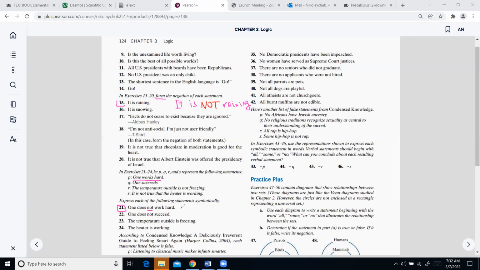So what I can say is it's going to be not P. Do you see that? If P says one works hard, then if I want to say one does not work hard, it's going to be a negation that we put in front. So this little story is all about negations, and I hope you start to feel a little bit more comfortable with this.